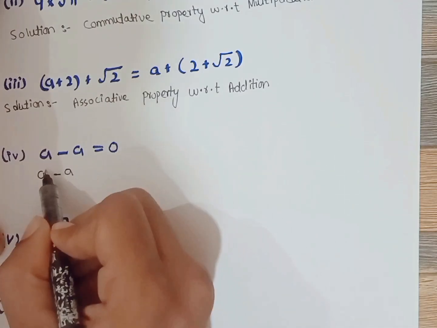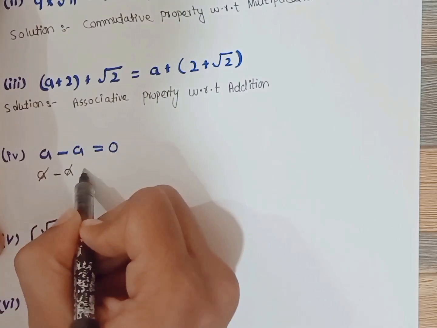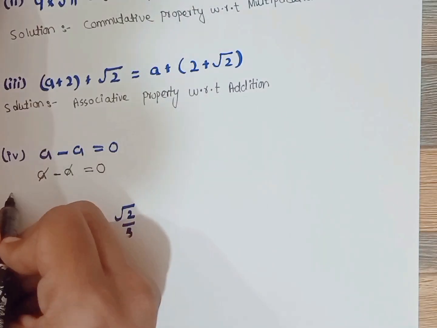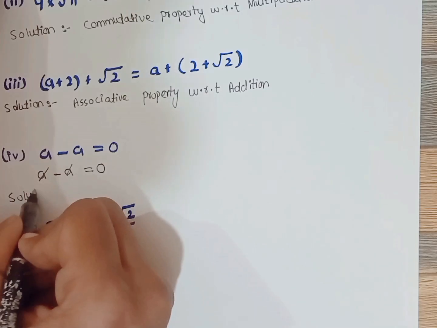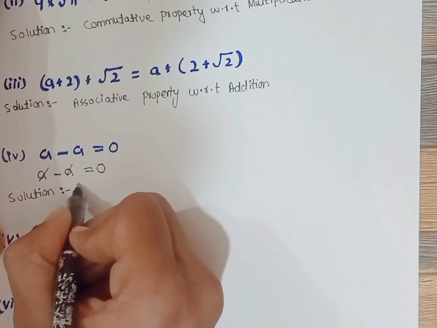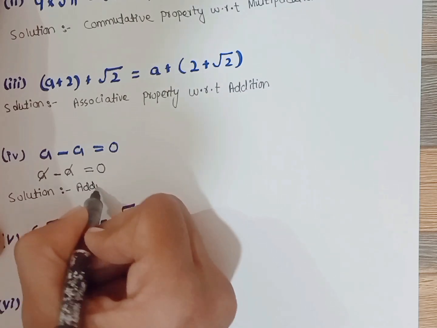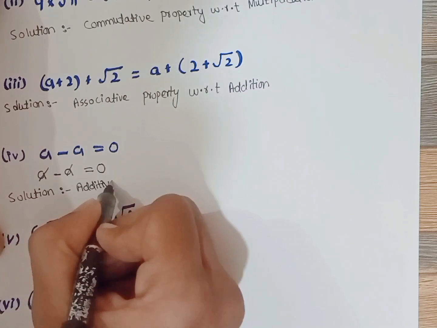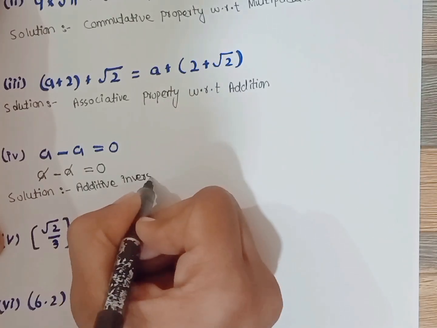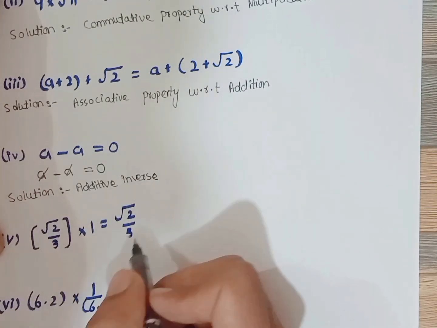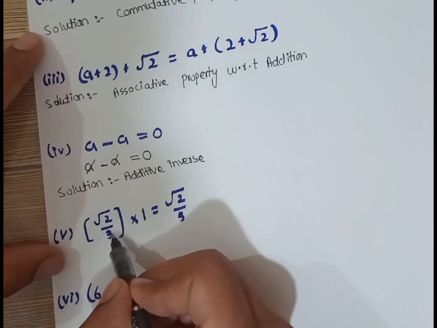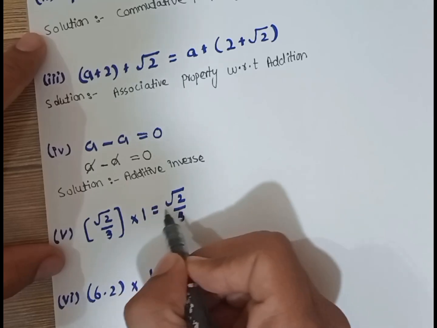By cancelling both numbers, we get the additive identity, that is 0. So the solution will be additive inverse.